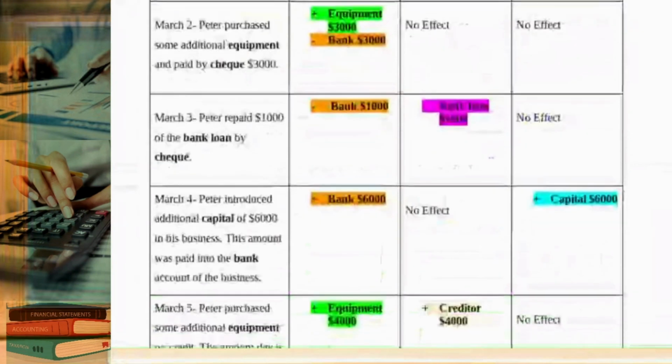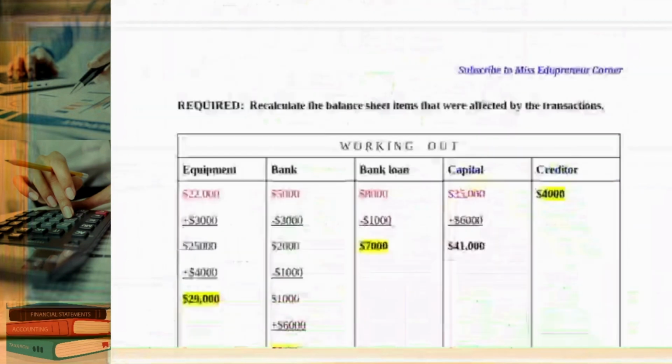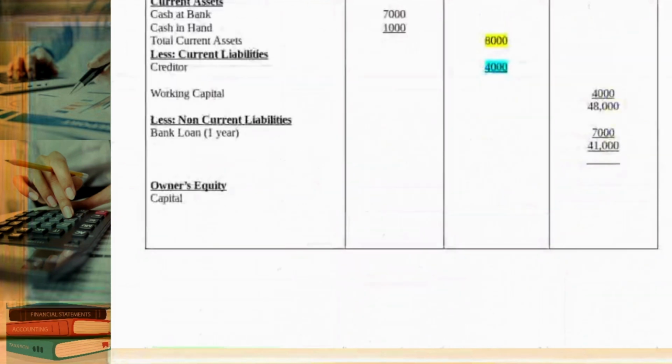But the figure would have changed as a result of a transaction which would have taken place on March 4. So the capital figure is now $41,000. So $41,000.